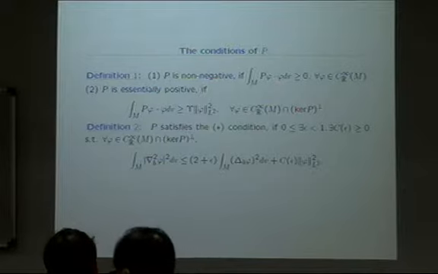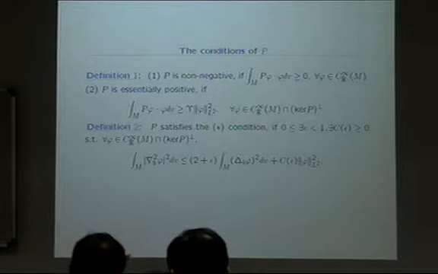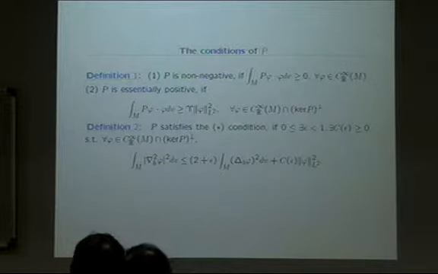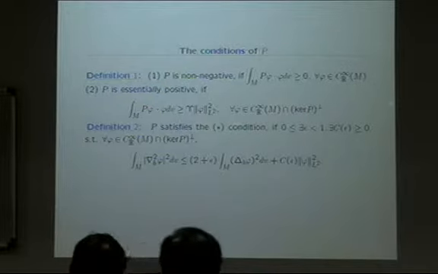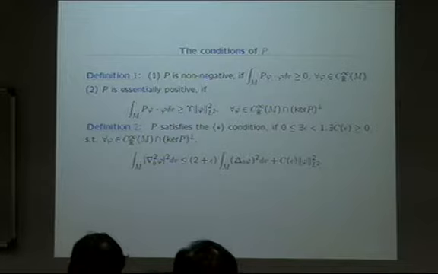And next, because in CR geometry the kernel of P is always non-trivial, we consider only functions which are orthogonal to the kernel of P, and we assume this inequality for a constant epsilon, a positive constant. Because we only consider functions which are orthogonal to the kernel of P, we use the word essentially positive here.